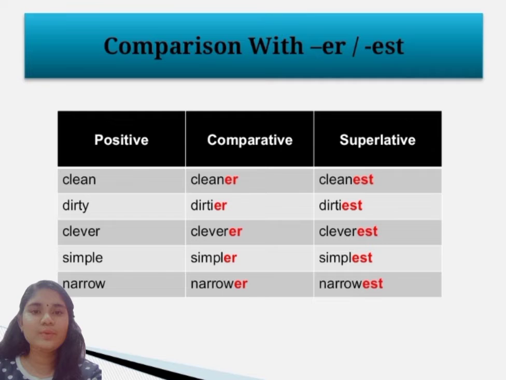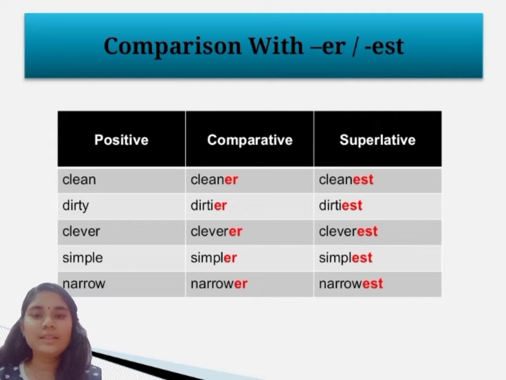First, comparison with er or est. We should add er at the end of the adjective in the comparative, and we should add est at the end of the adjective in the superlative. For example, first, clean becomes cleaner in comparative and cleanest in superlative.